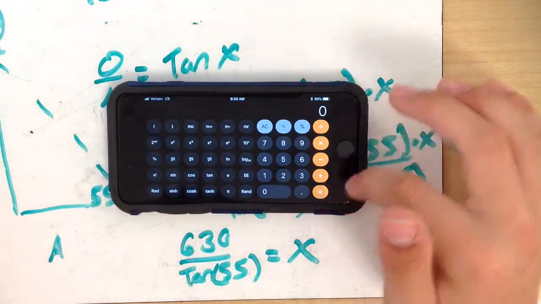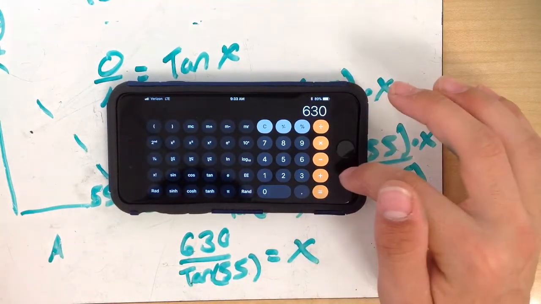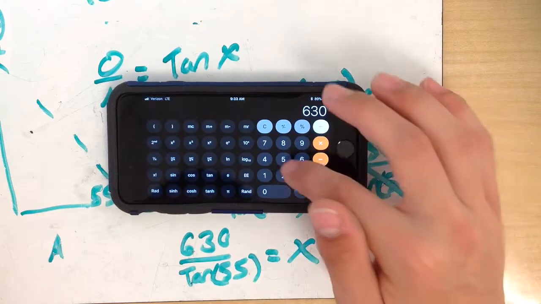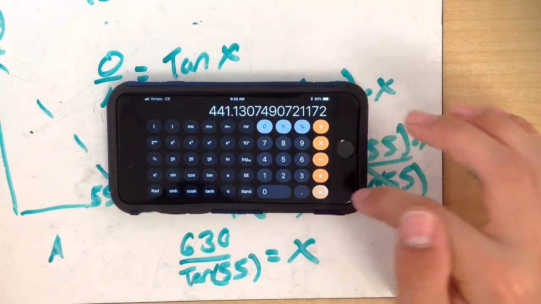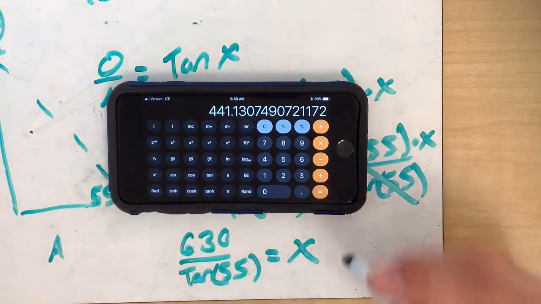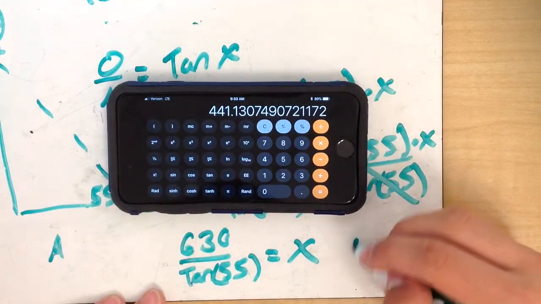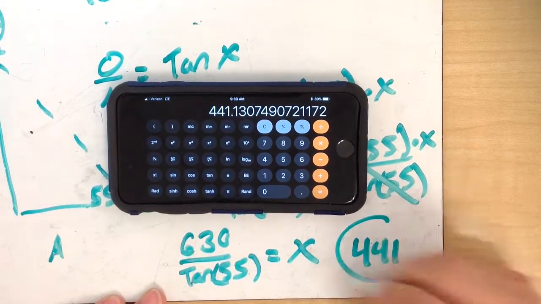So now we're going to plug in 630 divided by the tangent of 55, which comes out to 441, which is your answer.